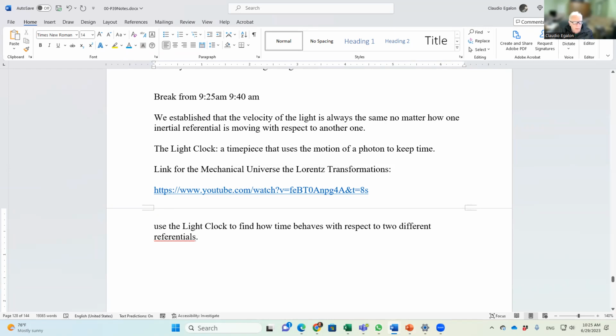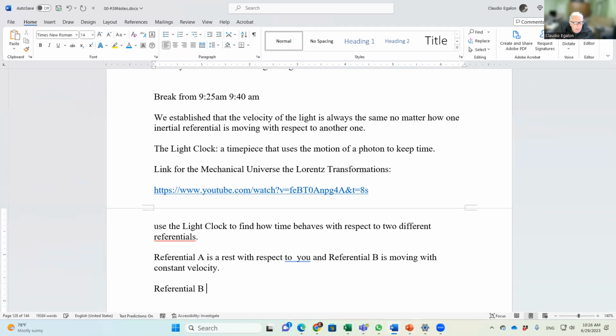Say referential A is at rest with respect to you, and referential B is moving with constant velocity.